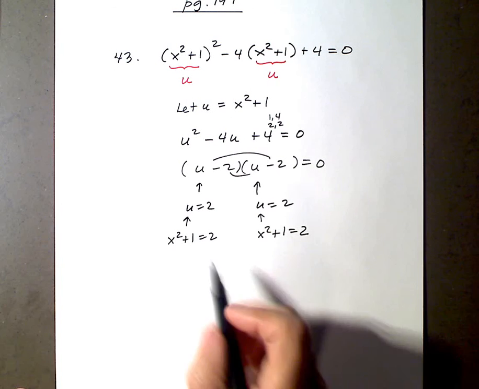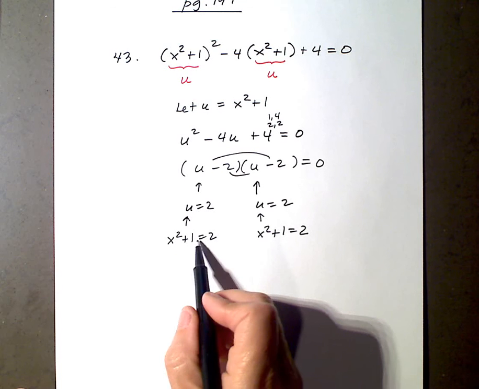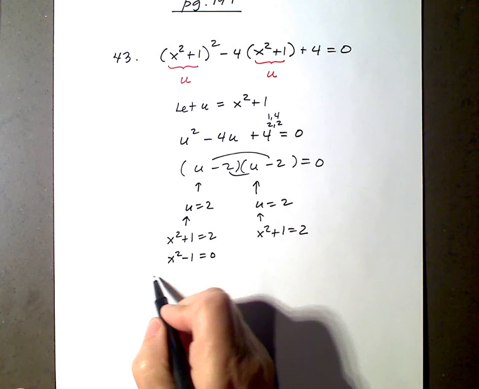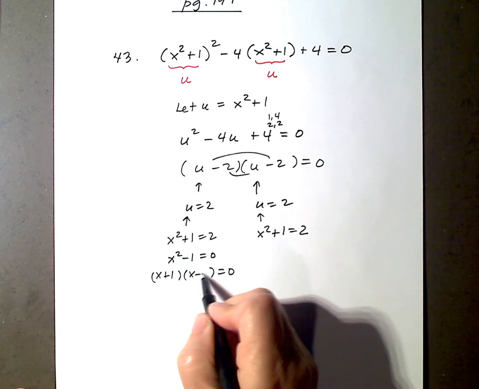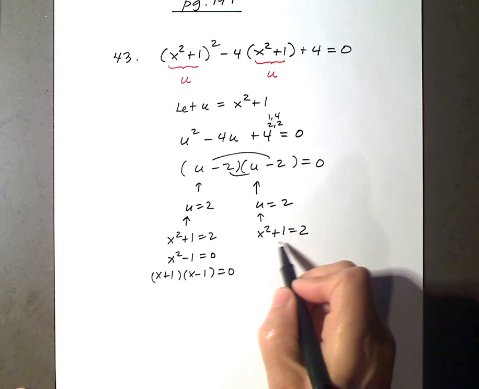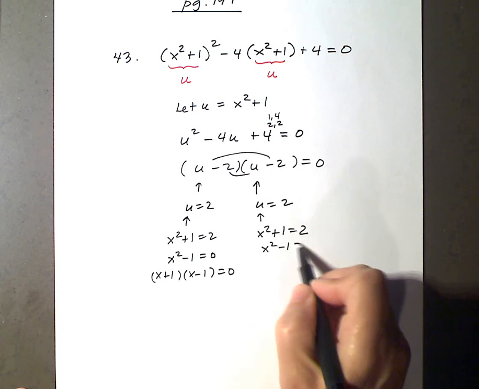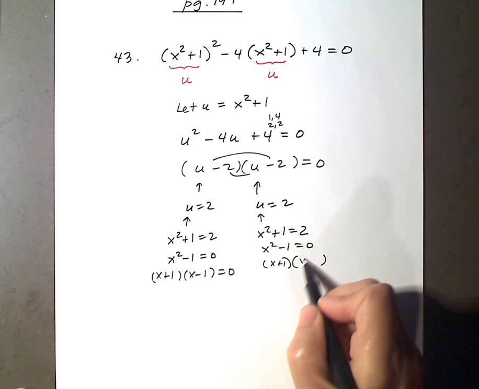So now if I'm going to solve this, I want to get everything on one side. I'm going to subtract 2 from both sides. So I have x squared minus 1 equals 0. And that factors to x plus 1 times x minus 1. Same thing over here. Subtract, it's the same thing. So x squared minus 1 is 0. And that factors to x plus 1, x minus 1 equals 0.